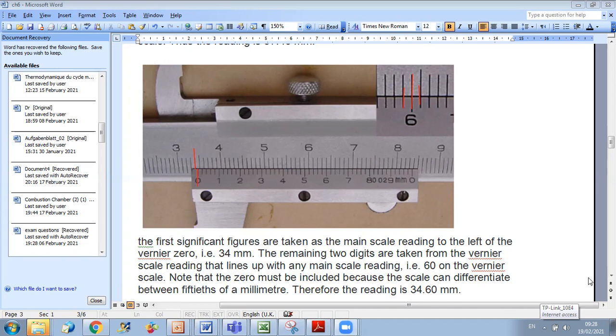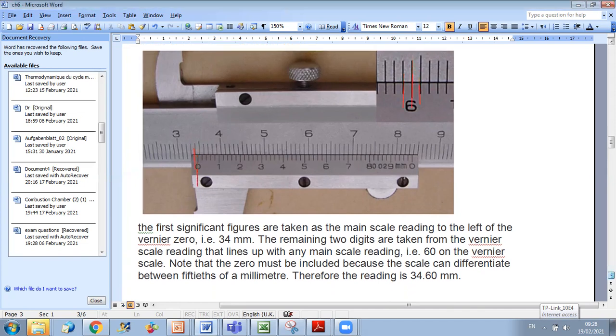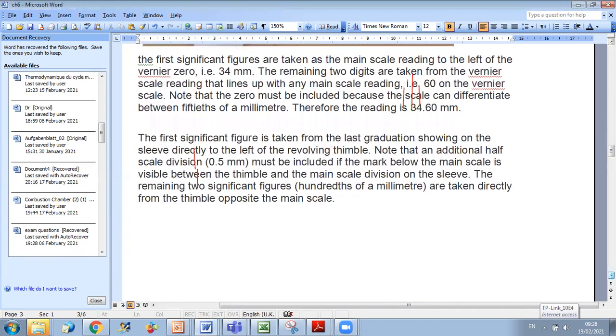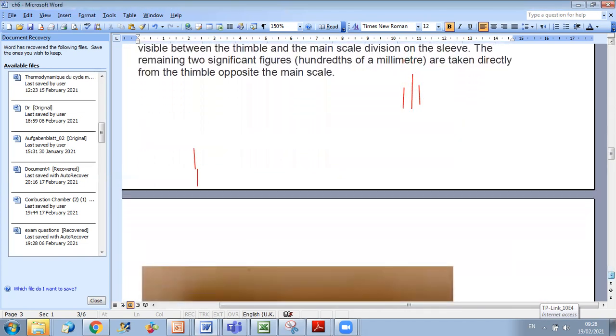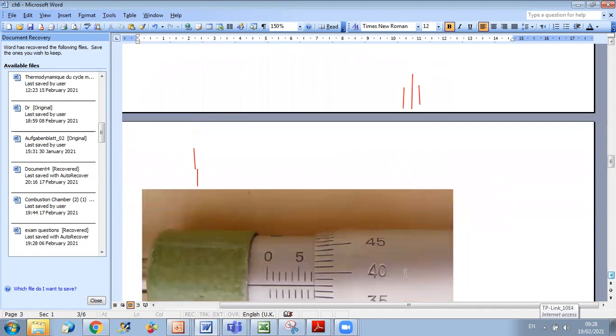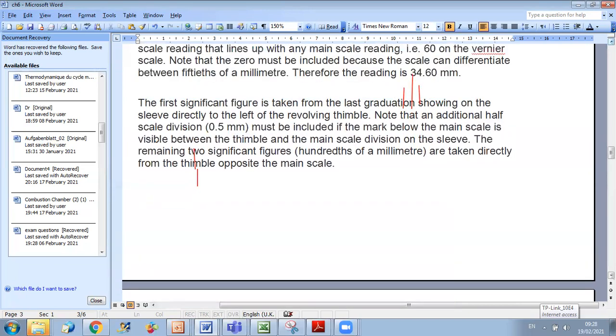on rotation vernier scale. What is the technique in a rotation vernier scale? The first significant figure will be taken from the last graduation shown on the sleeve directly to the left of the revolving symbol.